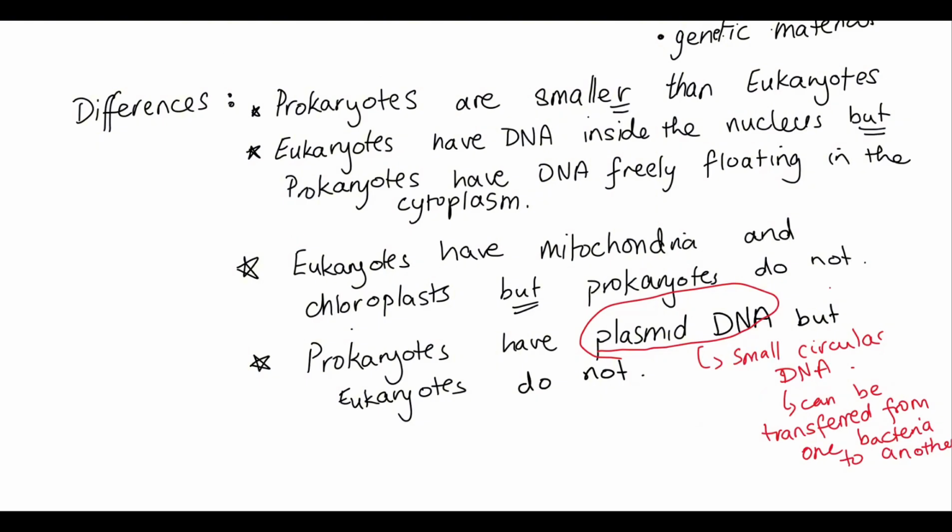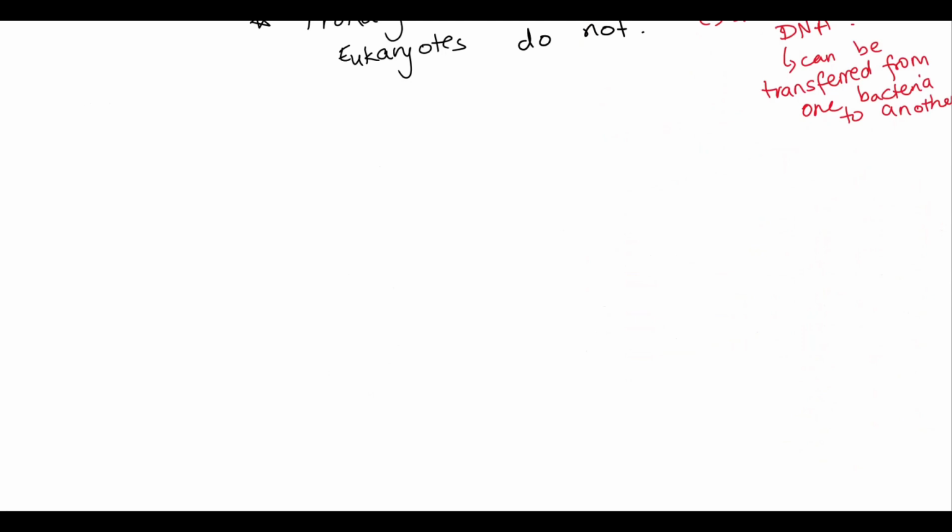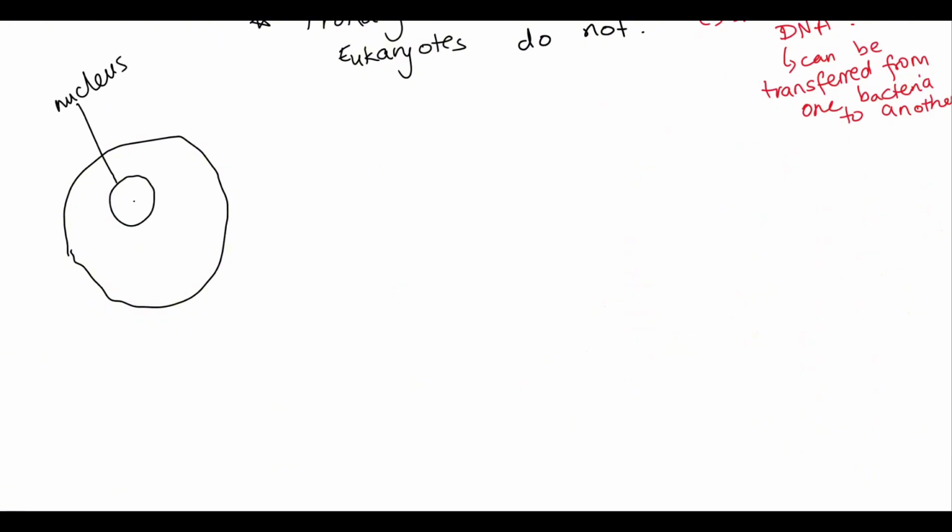Right, so if I draw you a few diagrams, that will help you to understand a bit better. An example of a eukaryote is our animal cell. So in our animal cell, we've got the nucleus. Inside the nucleus, we have the DNA.